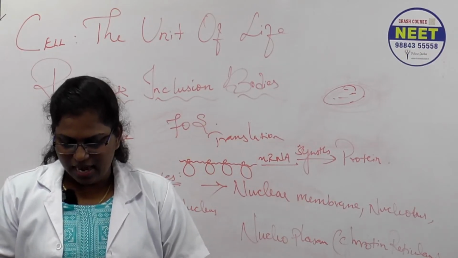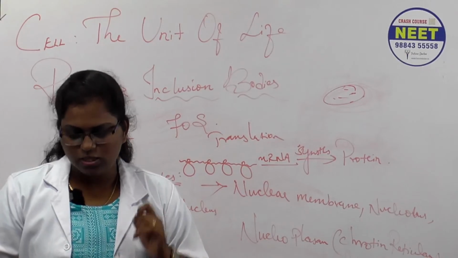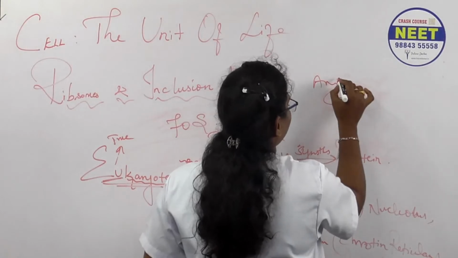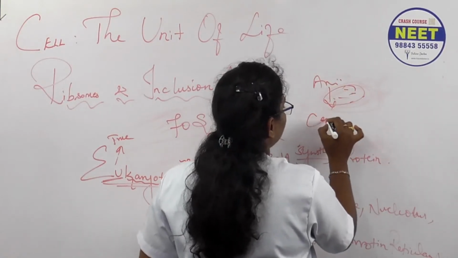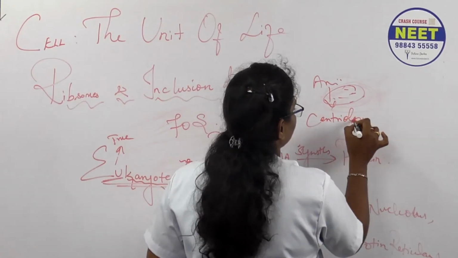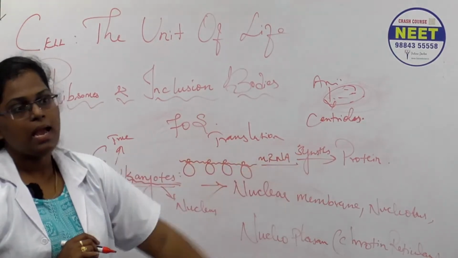On the other hand, animal cells have centrioles, which are absent in almost all plant cells. In an animal cell, centrioles will be present, whereas they will be absent in the plant cell.